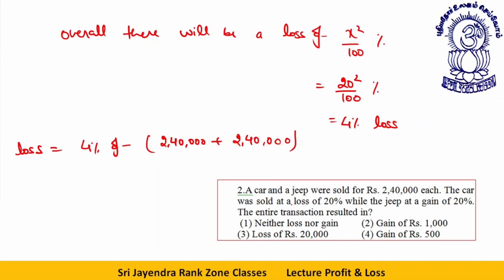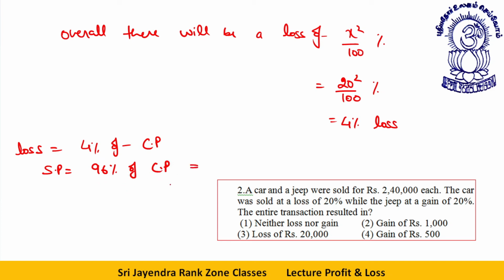Students, actually, I made a small mistake. Let me tell you. The loss is equal to 4% of CP. Just think over it. I made a small mistake. Let me rectify it in the previous question also. 4% of CP. So what will be the selling price? The selling price will be 96% of CP. Just think about it. The selling price is 96% of CP.